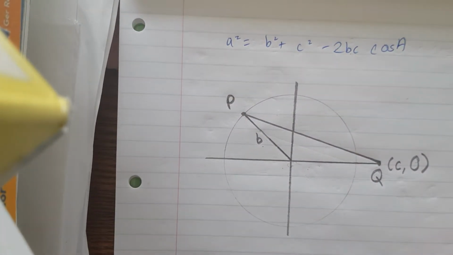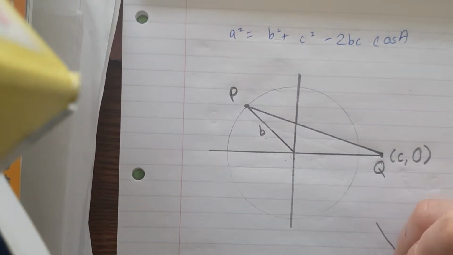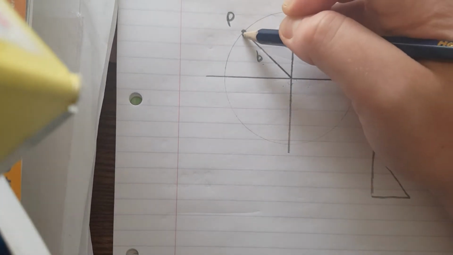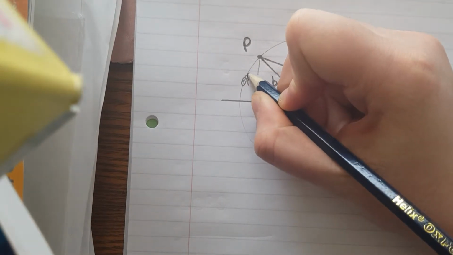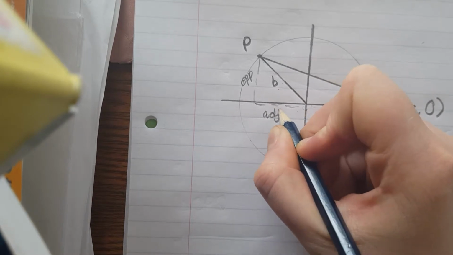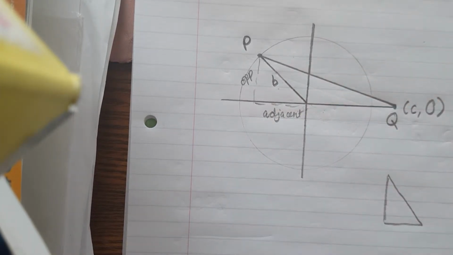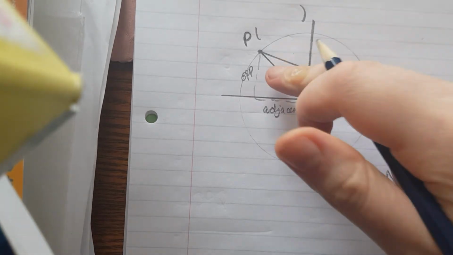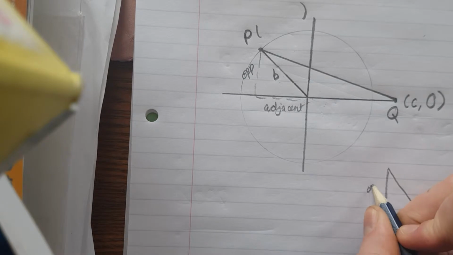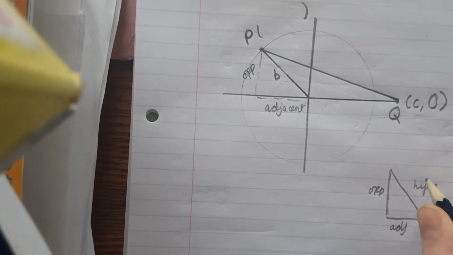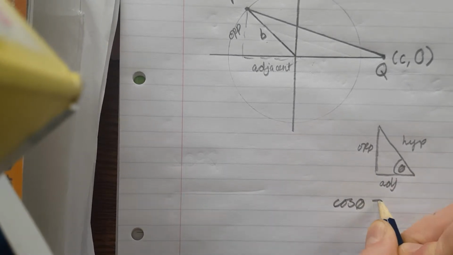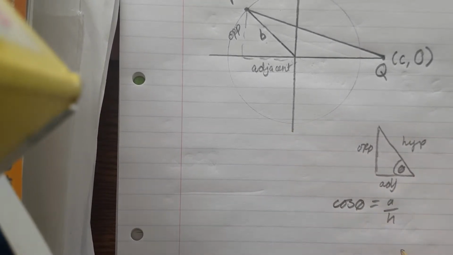So P, if we consider a triangle here, this would be the opposite, so the y value would be the opposite and the x value would be the adjacent. So if we want to get the x and y coordinates of P, say this is opposite, hypotenuse and adjacent, if we were to get cos of that angle, it'd be the adjacent over the hypotenuse.